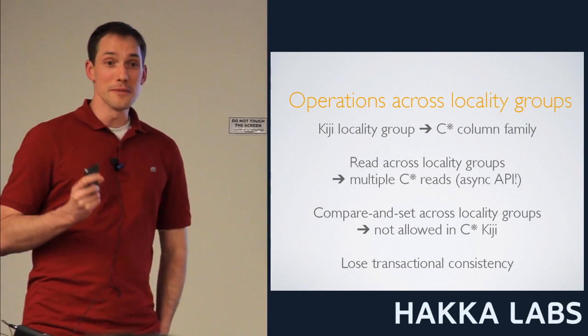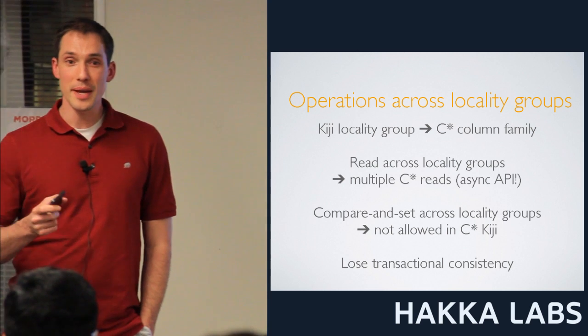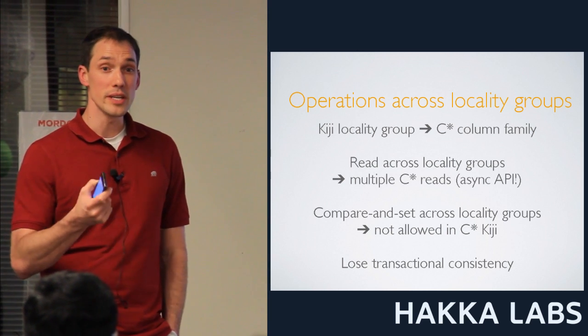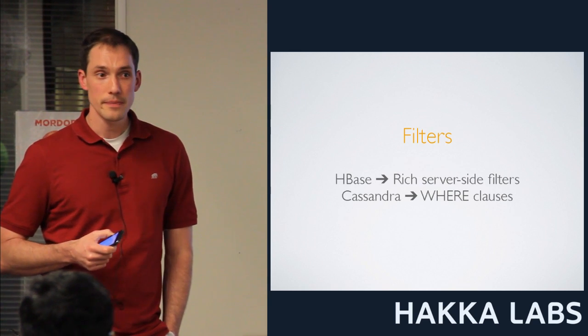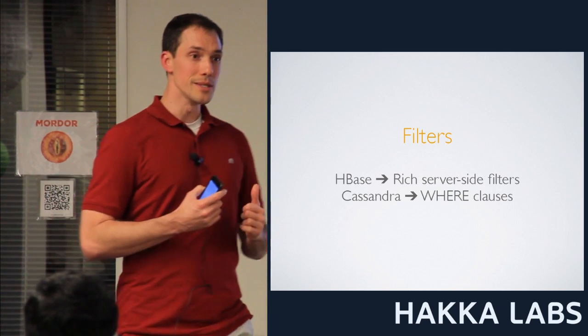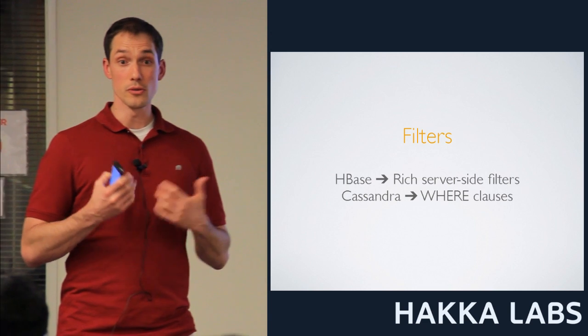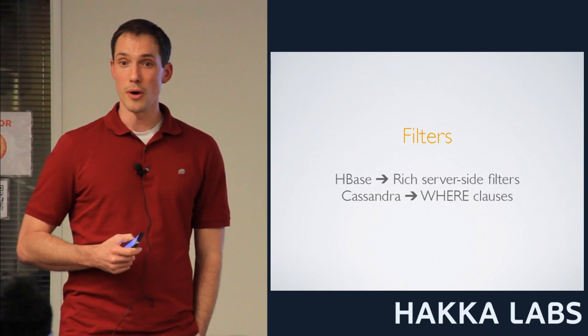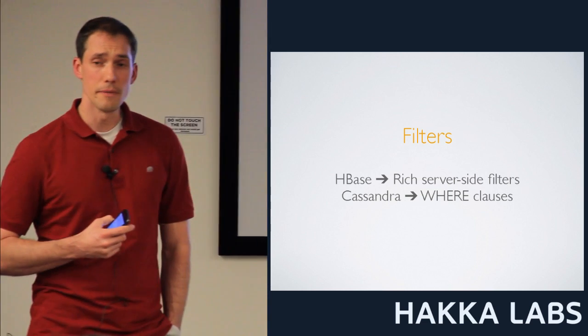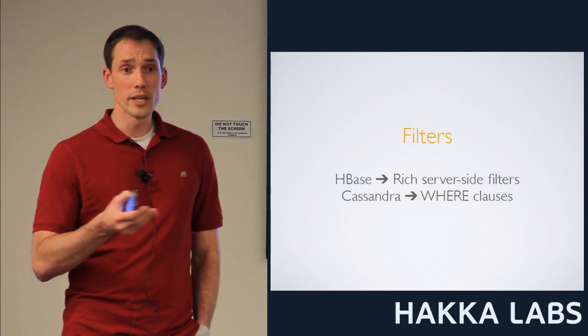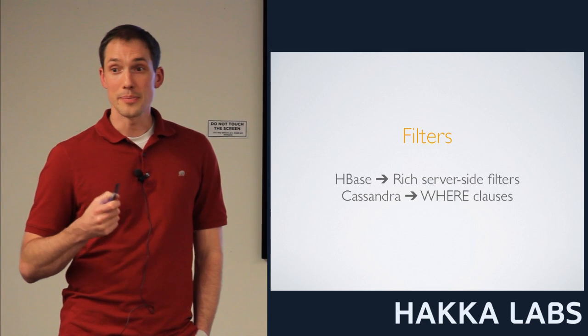Another issue is filters. HBase provides a very rich set of user-defined server-side filters. The kind of equivalent in CQL is to use where clauses in your CQL queries. These allow for fairly rich filtering, but it's not quite as powerful as what we get in HBase.